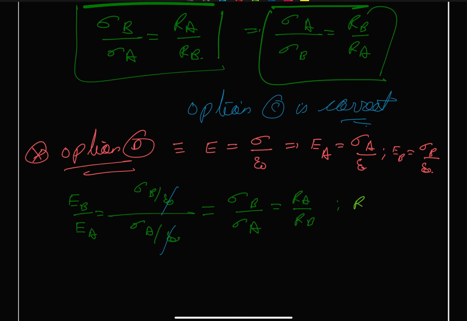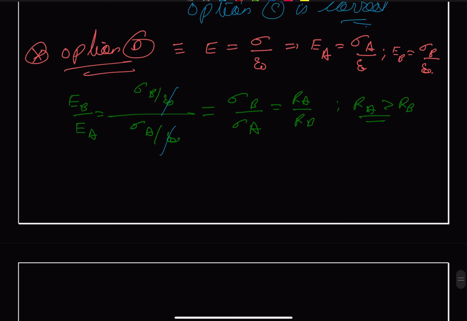and we are given that RA is greater than RB. Therefore we can write that the electric field at B is greater than the electric field at A. And please remember, this is at the surface.